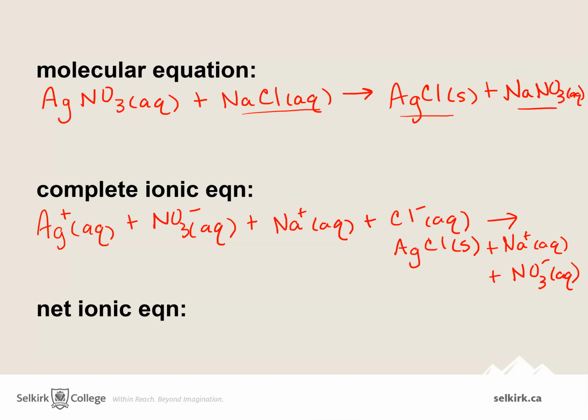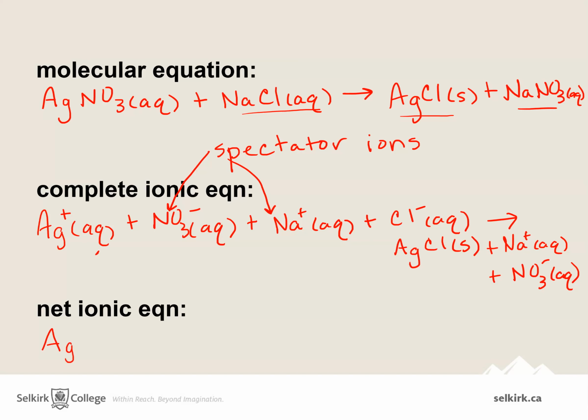I've got nitrate on the reactant and the product side. I've got sodium ions exactly the same on the reactant and the product side. Those are called the spectator ions because they just stand around and watch. The net ionic equation I write by leaving out the spectator ions.